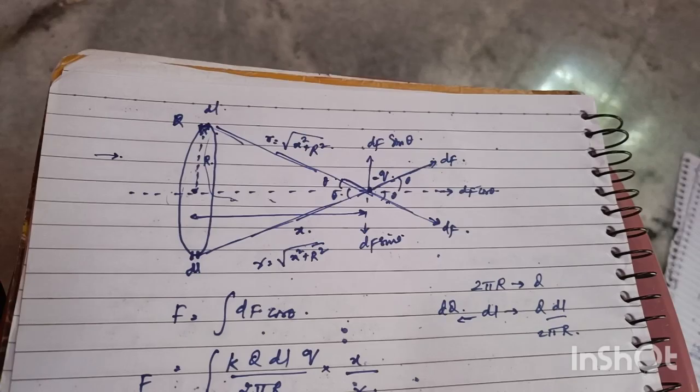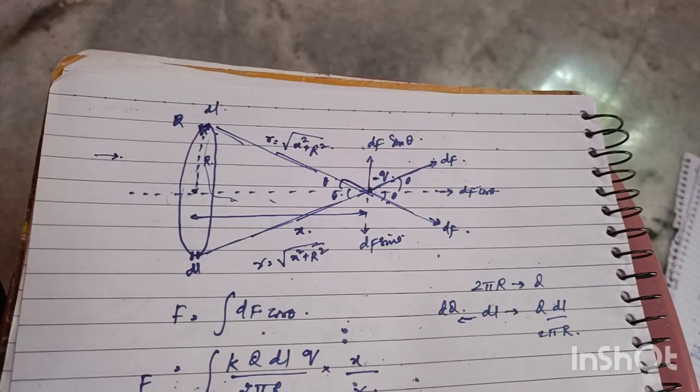Since we can't treat a continuous wire, or here, as they've given, a uniform ring, we have to take an infinitesimally small element, apply Coulomb's law, take the appropriate limits, and then compute the whole force acting between the given continuous body and the point charge.